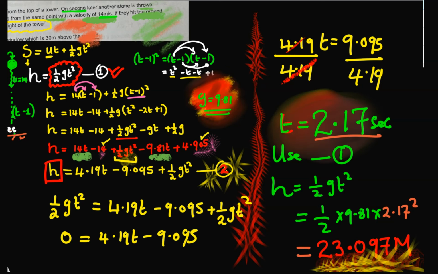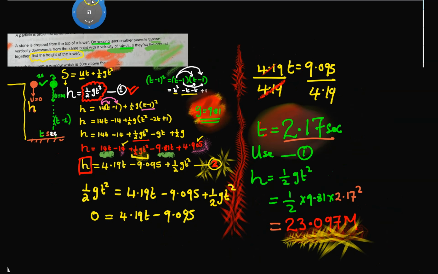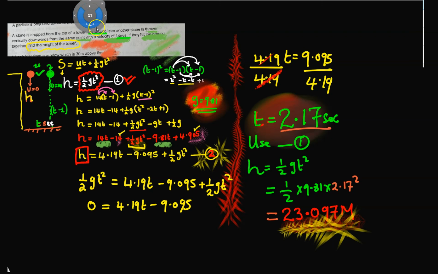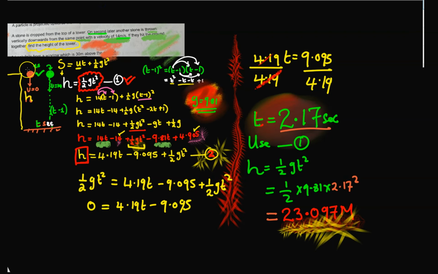Isn't that great? So that's what you are supposed to do in that question. The steps that we followed here: we said let the time the first ball takes to hit the ground be t, and since they are going to hit the ground at the same time, and the second was released 1 second later, the second ball must have traveled faster, meaning it's going to take 1 second less than the other.